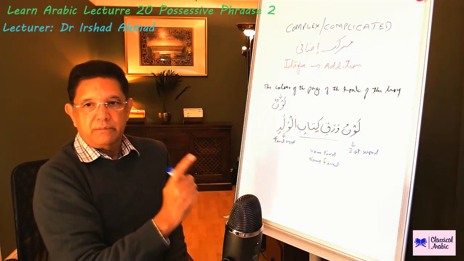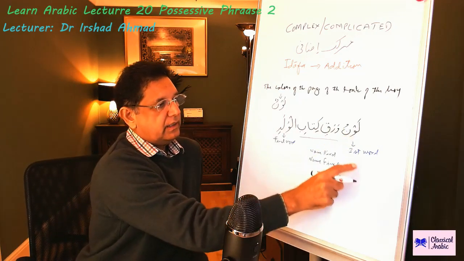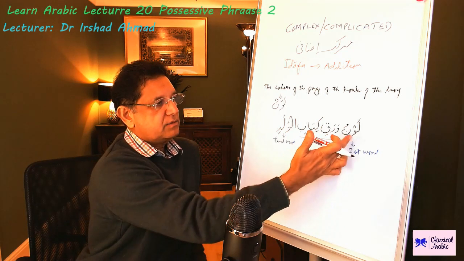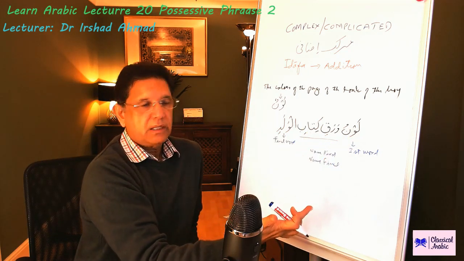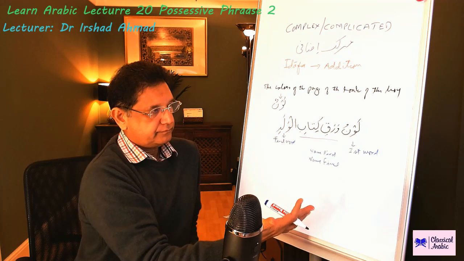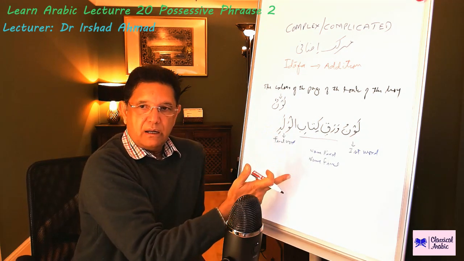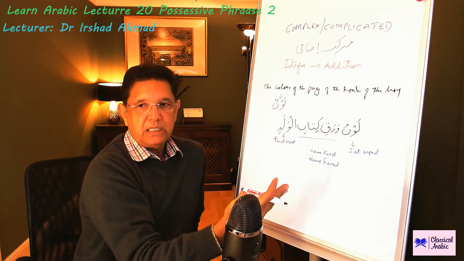So we can make a statement that the first word in idafa can take any i'rab, and because it's mudaf, it's not going to take tanween, or it's not going to take al. The final word in idafa can take al. Most of the time it does take al.